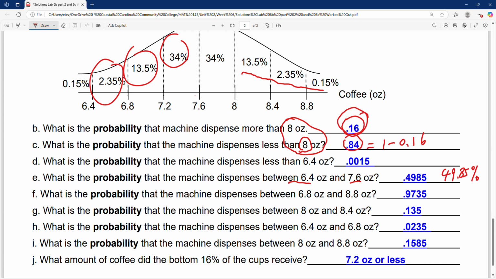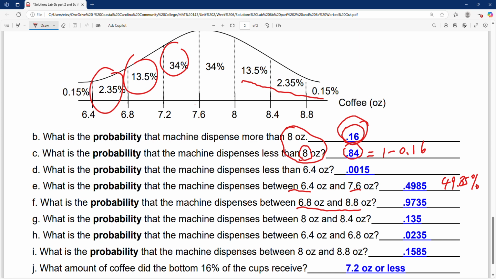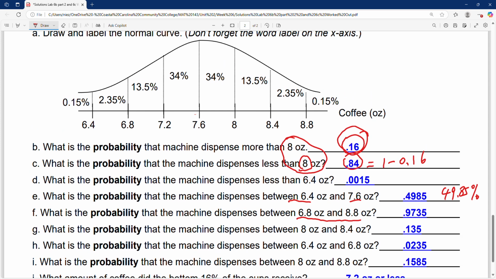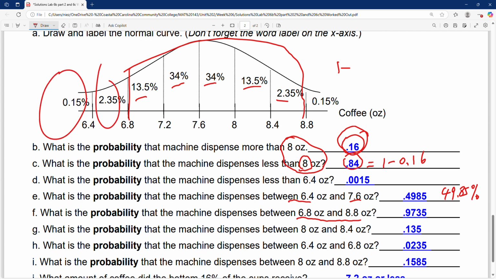The other question is similar. This one is between 6.8 and 8.8. Add all these together: 13.5% plus this, plus this, plus this. Or you can use 1 minus the rest, minus this one, minus this one, and minus this one.